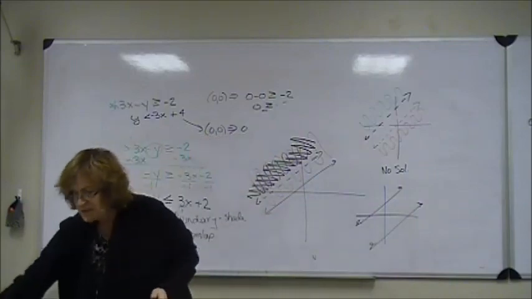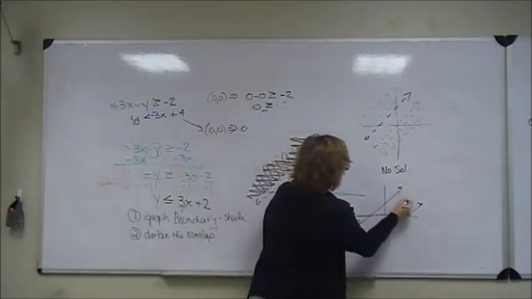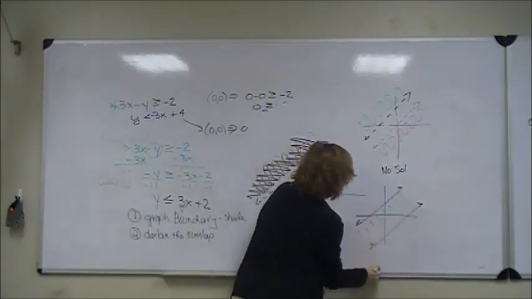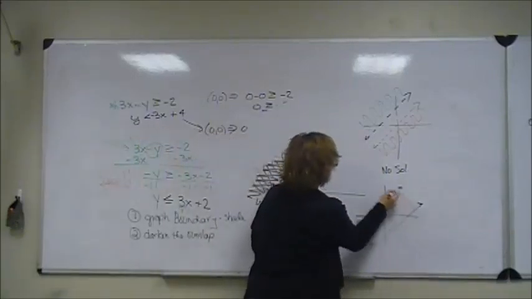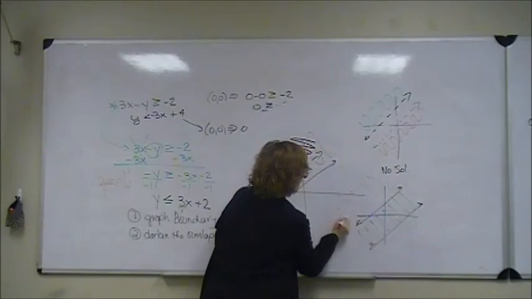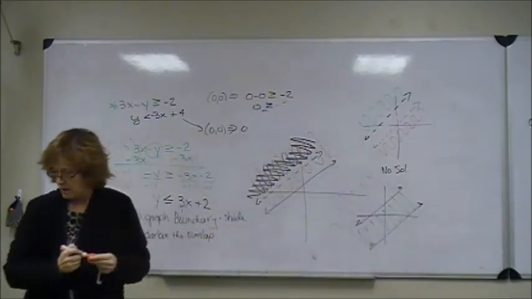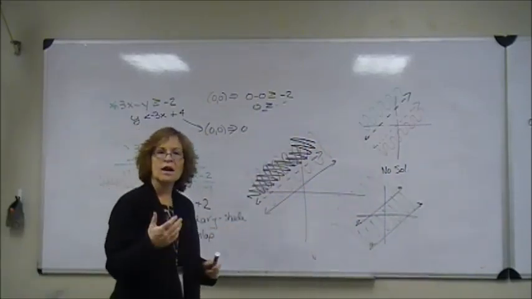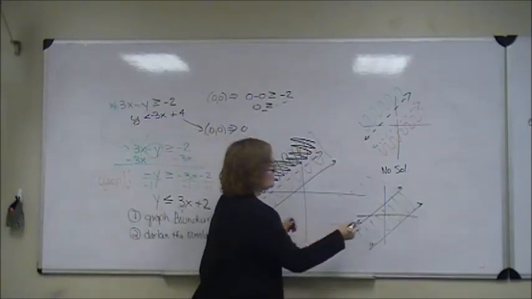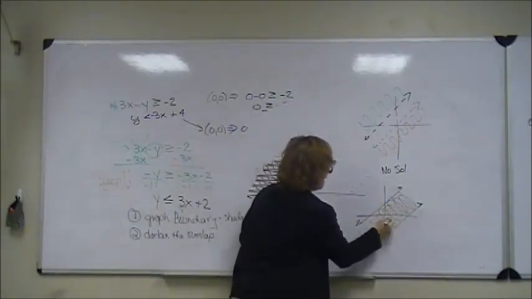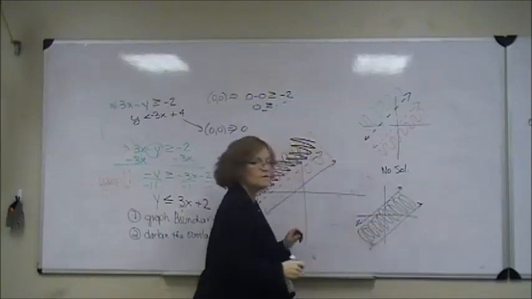What if the top one went this way and the bottom one went this way? And when I looked at what I have to overlap and darken, it would be the stuff in between them.